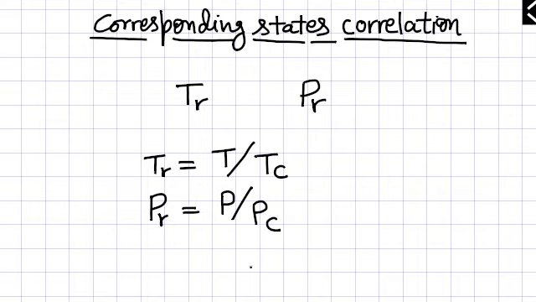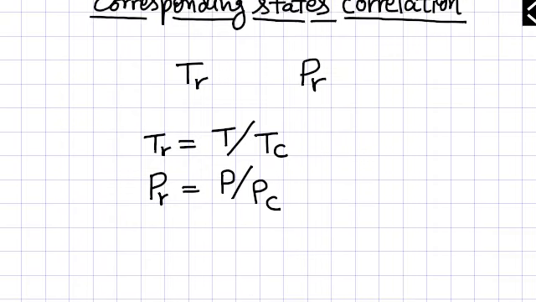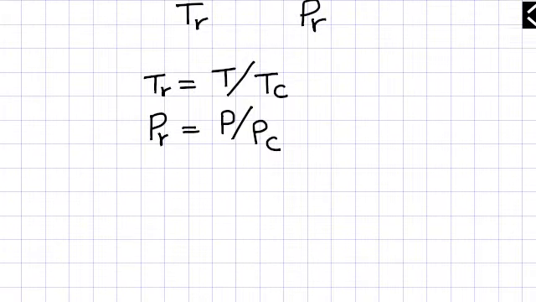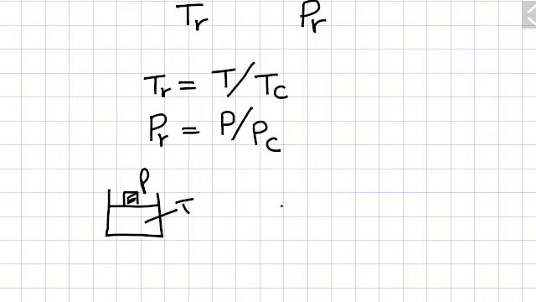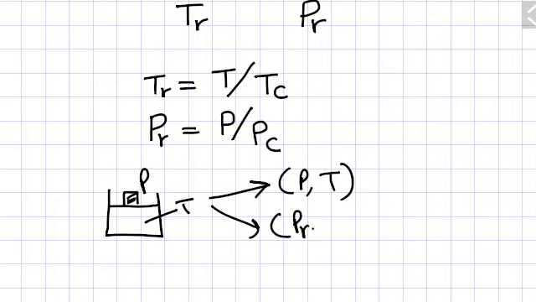Then we learned that the state of any fluid can be represented with this data. For example, if you have some gas at some pressure and temperature, you can represent its state in two ways: either with P and T directly, as we usually do, or by calculating its reduced pressure and reduced temperature.